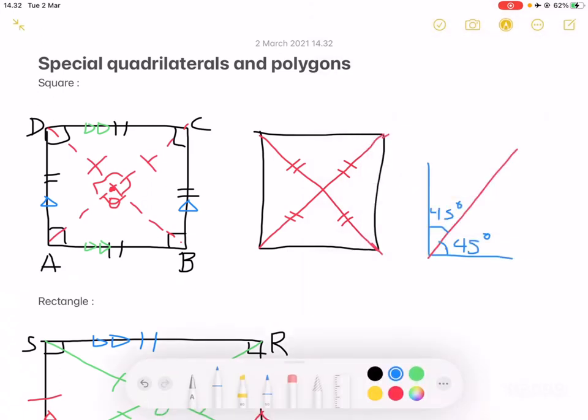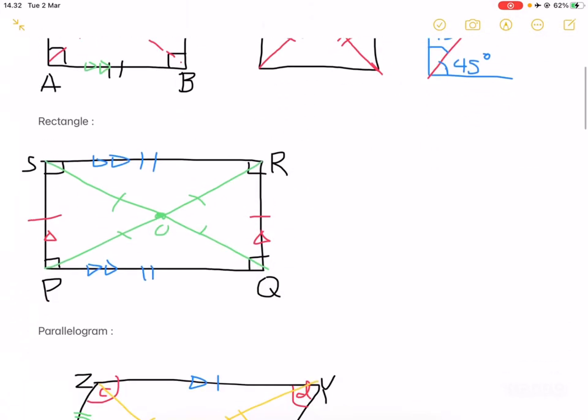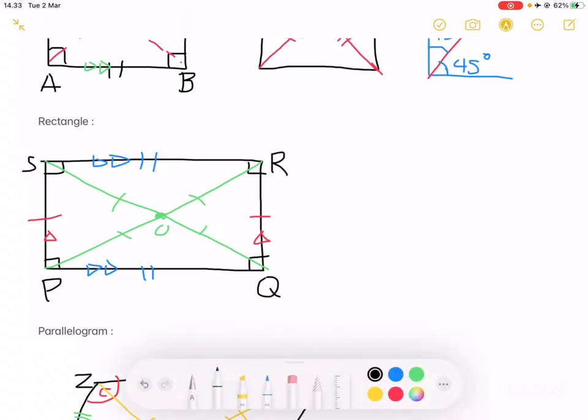Now we're going to talk about the rectangle. The rectangle has 2 pairs of sides that are not only equal but also parallel, as you can see in the diagram right there. And of course, it also forms right angles at its vertices. Again, like the square, I'm just going to talk about its diagonals as well.